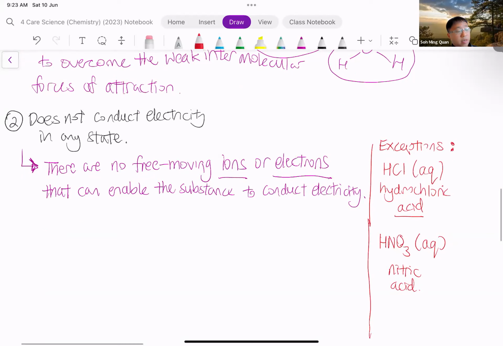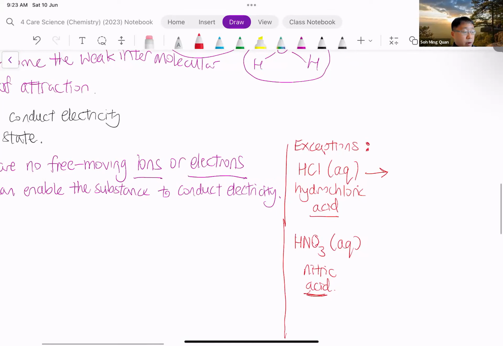Right? So why do you think these are exceptions? These are exceptions obviously because they are acids. So in the aqueous state, they will produce H plus ions. Remember, acids are substances which produce H plus ions when dissolved in water.